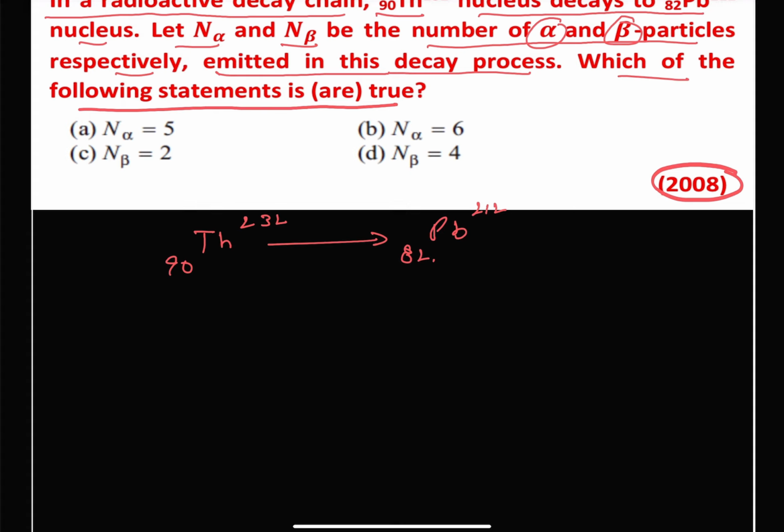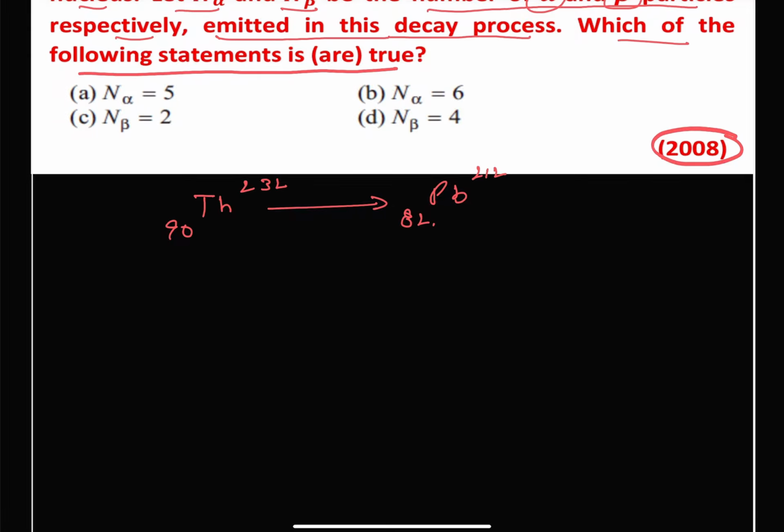One is alpha decay, another one is beta decay, respectively for the alpha particle as well as for the beta particle. So in the case of our alpha decay, helium, we have this as 4 as well as 2. So basically the mass number will be reduced by 4 and atomic number is reduced by 2.